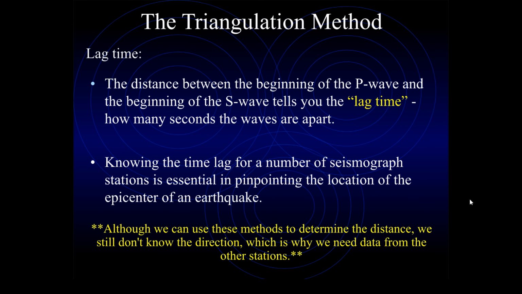So lag time is that difference. You are basically going to figure out how much time is in between, and we're going to use that information, put it on a graph, and then that graph is going to tell us how far away the earthquake is based on that lag time.